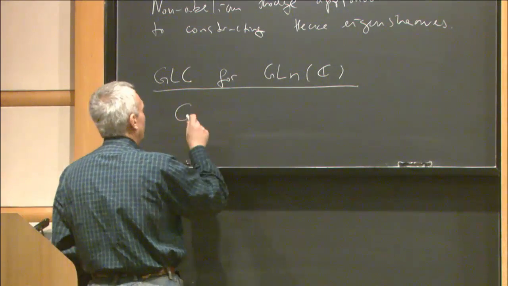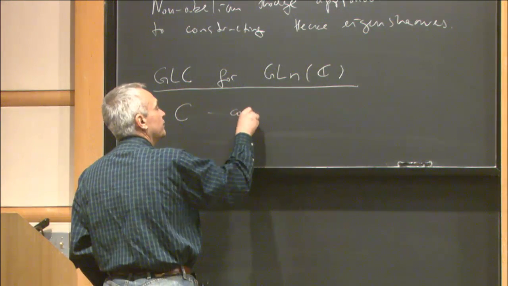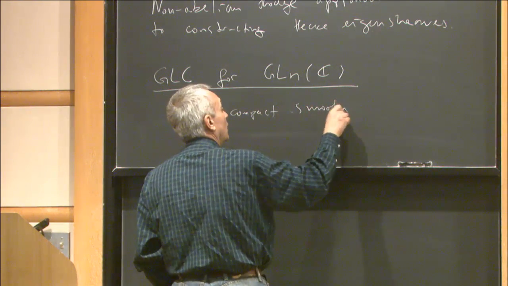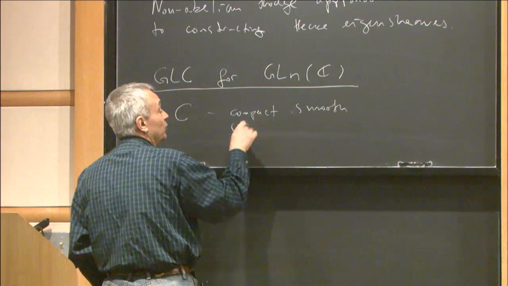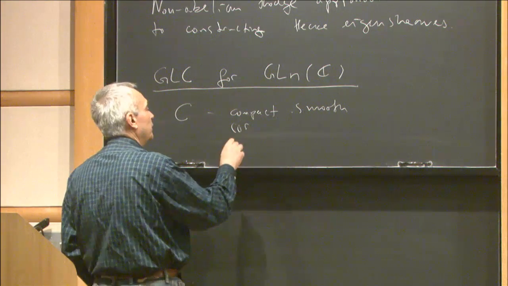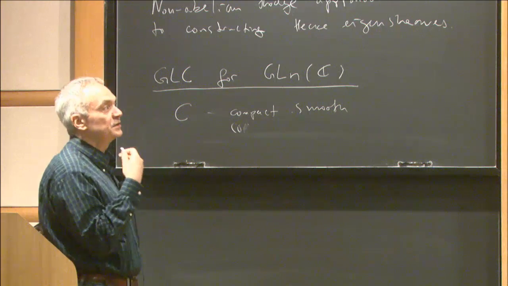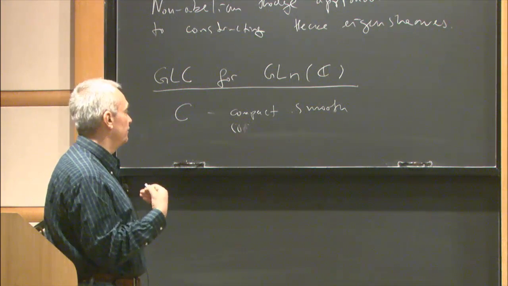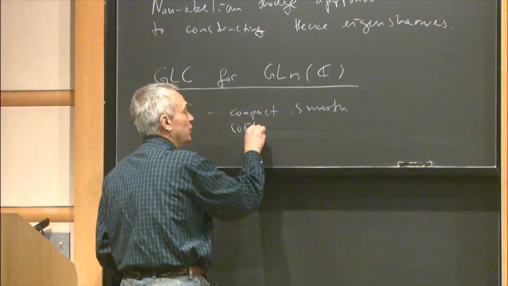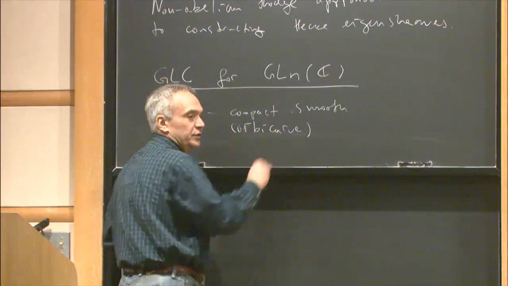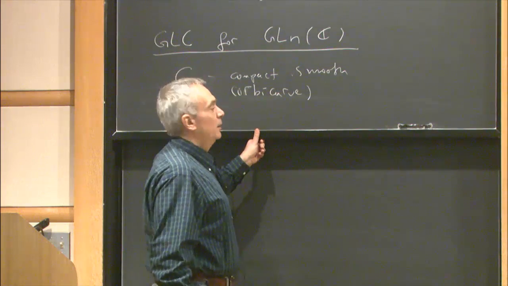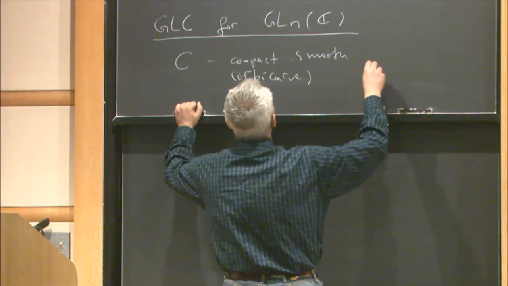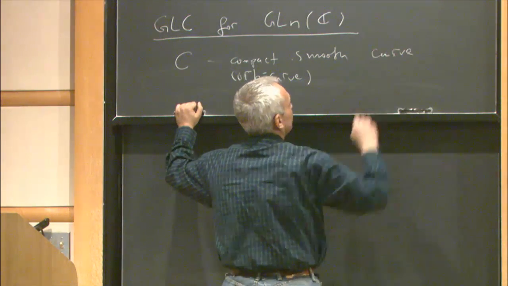So here we have say a compact curve. And in fact, you'll see in my example, because I want to take the least complicated topological example that still has all the interesting features, it's actually going to be an orbicurve. But that's going to come in a moment. So say we have a smooth compact curve.